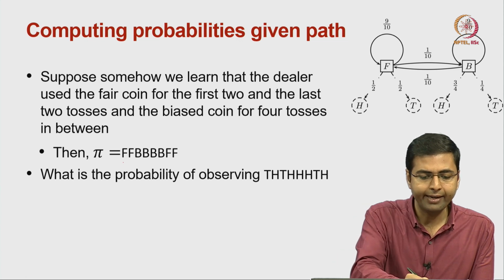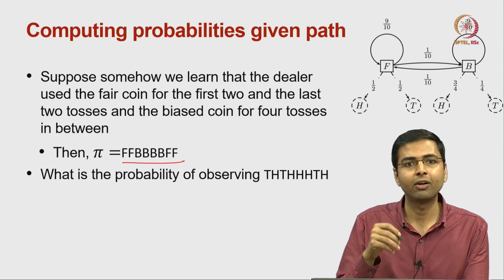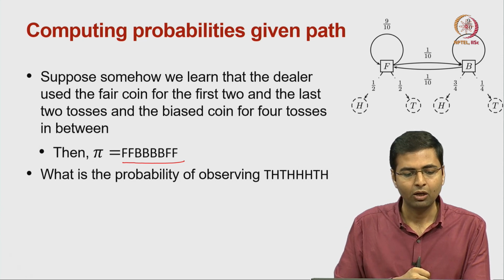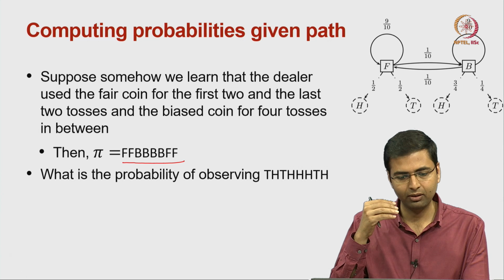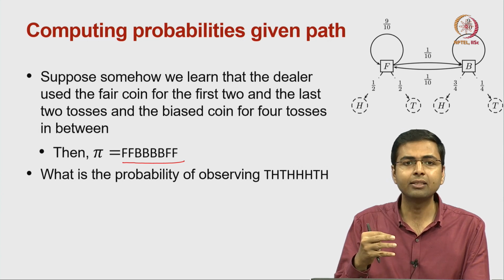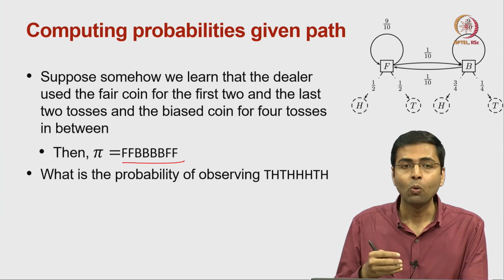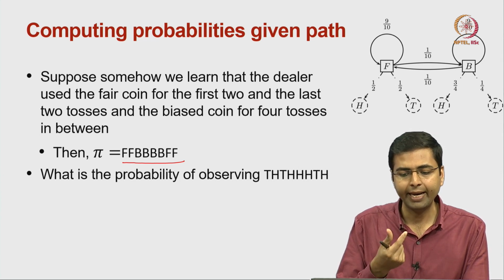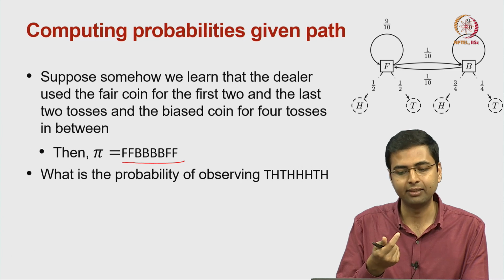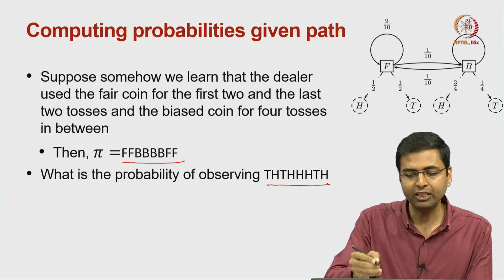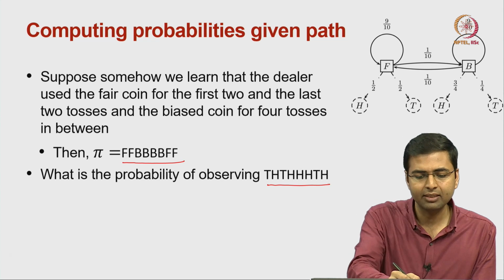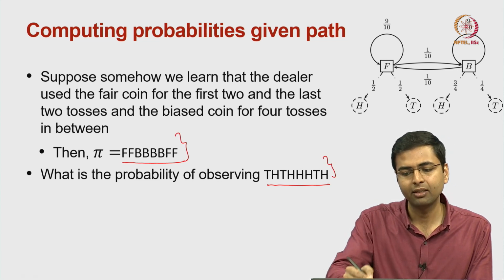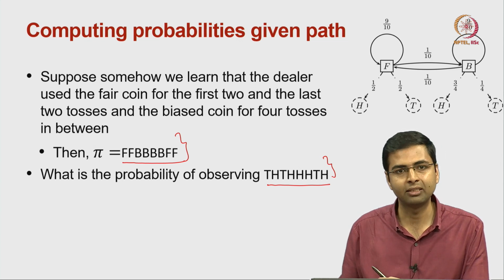So, we can write the sequence of states as F F B B B B F F. Now, given this knowledge of the sequence of states, what is the probability of observing the sequence tail head tail head head head tail head, that is T H T H H H T H?